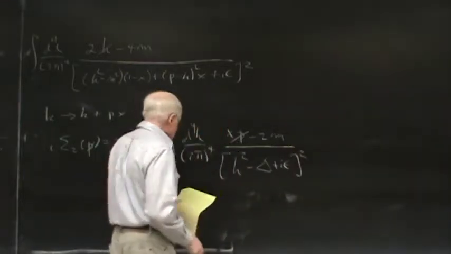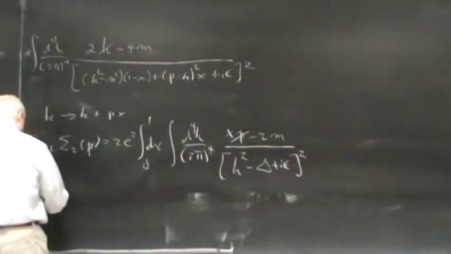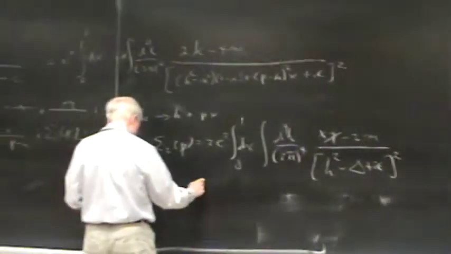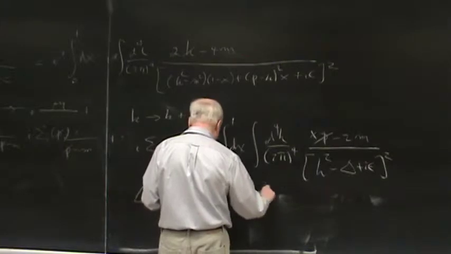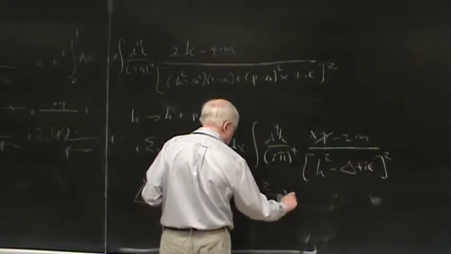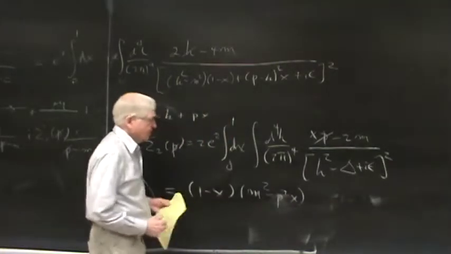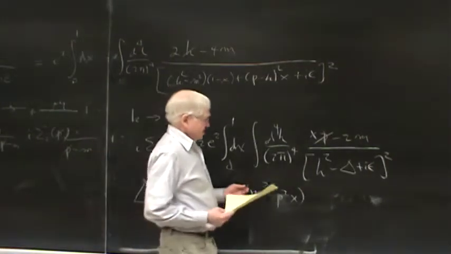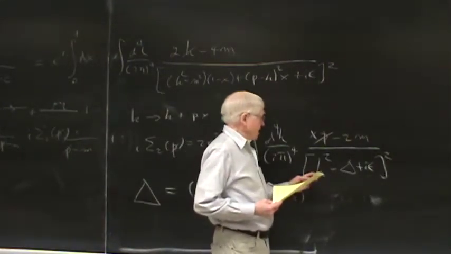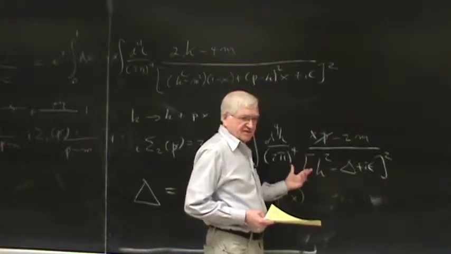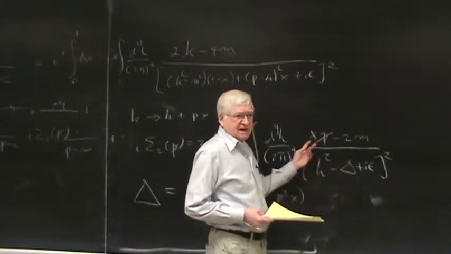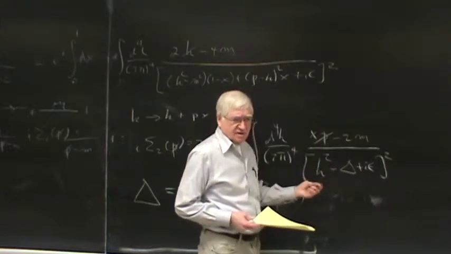Okay, well, delta is (1 minus x) times m squared minus p squared x, so it doesn't involve k at all. So this is even in each component of k, so if there's something linear in k in the numerator, it would cancel.